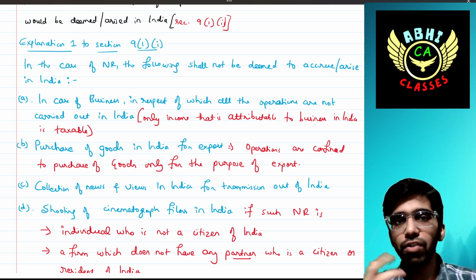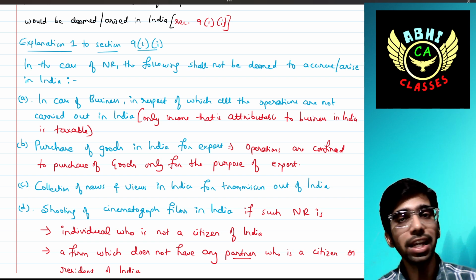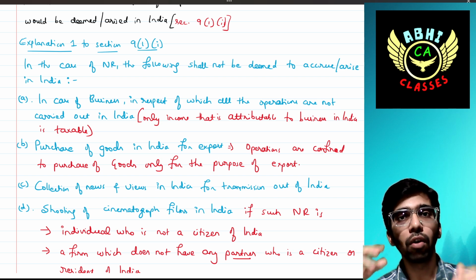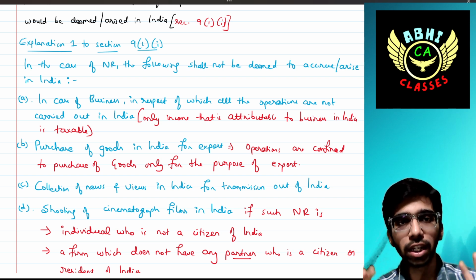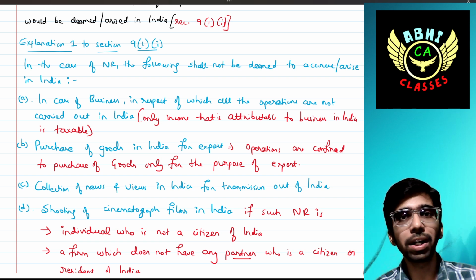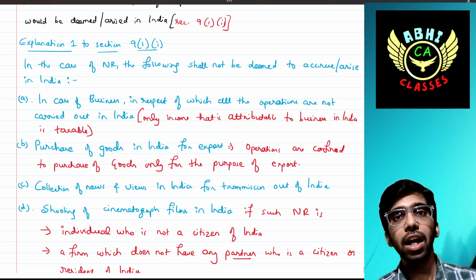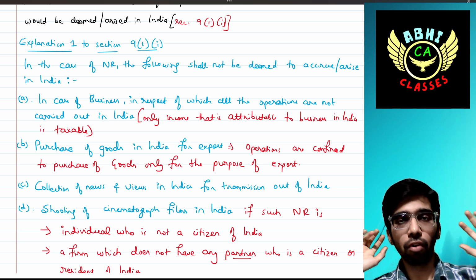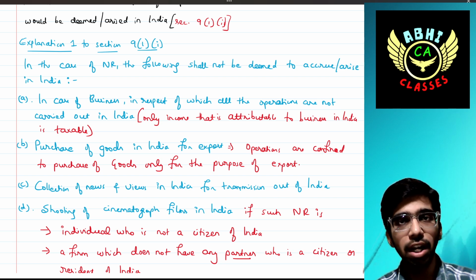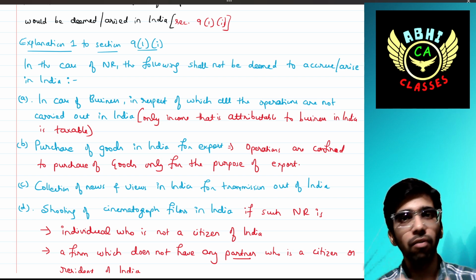In case of a business in respect of which all the operations are not carried out in India, that income will not be taxed in his hand, because for an NR only income accrued in India or received in India is taxable. Hence, only income attributable to business in India is taxable for NR. The following cases are applicable for NR only.